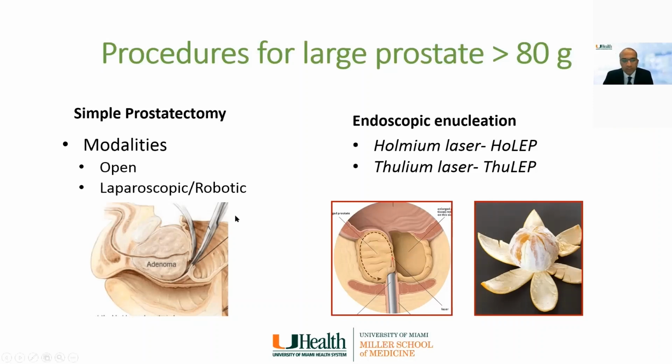So simple prostatectomy, obviously I'm going just by AUA guidelines, but these are the ones on the AUA guidelines for large prostate. Though AUA does not define the size, as we know, but EAU does. So, 50 to 80 and more than 80.